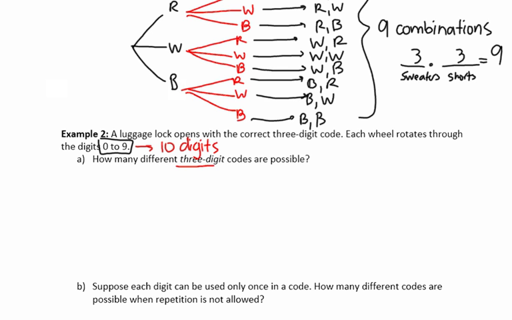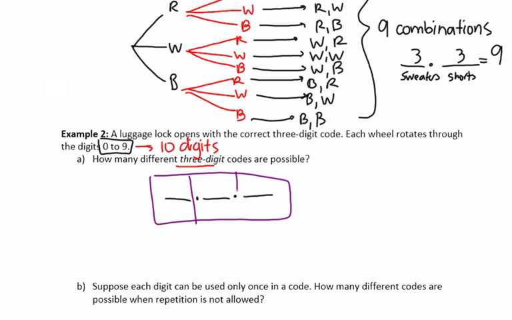How many 3-digit codes? So when we set up the fundamental counting principle, we have 3 different slots, right? Your little luggage thing, you're rotating. So the first one, how many choices do we have? How many digits can we put in the first slot? 10. How many digits for the second? 10.